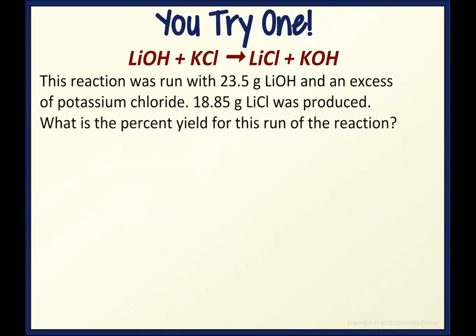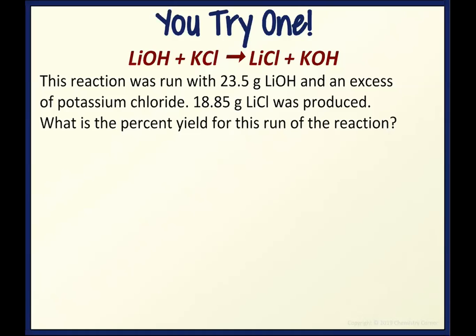So it says this reaction was run with 23.5 grams of LiOH and an excess of potassium chloride. That just means that's the other reactant. Don't worry about that excess thing. Okay, 18.85 grams of lithium chloride was produced. What is the percent yield for this run of the reaction?